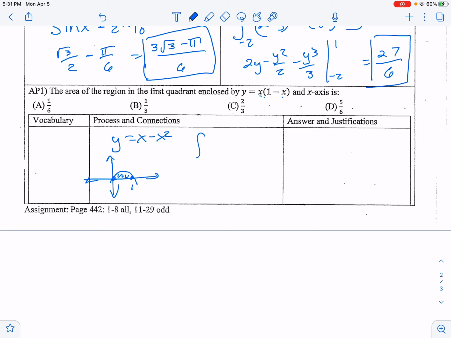So my integration's from 0 to 1. x minus x squared dx, which is x squared over 2 minus x cubed over 3 from 0 to 1. So you get 1/2 minus 1/3. So in terms of 6, that's 3/6 minus 2/6, which is 1/6.